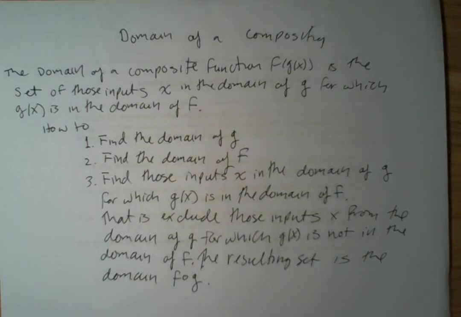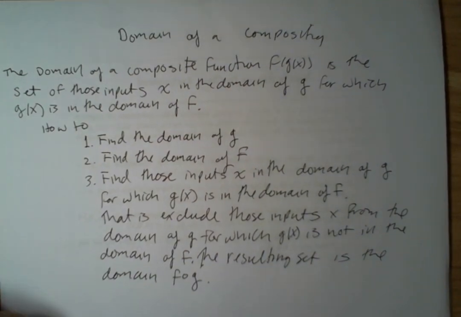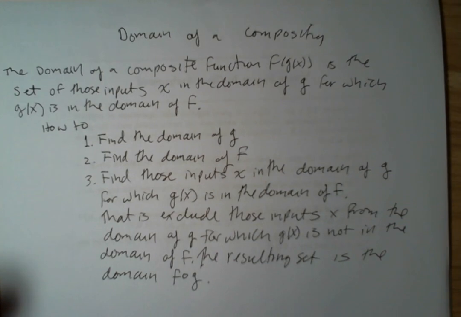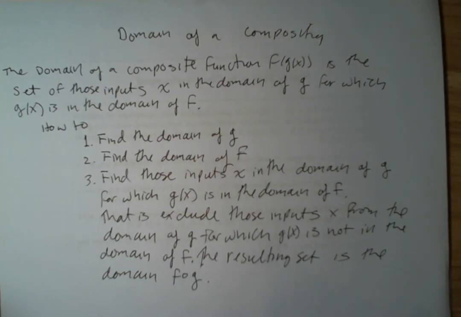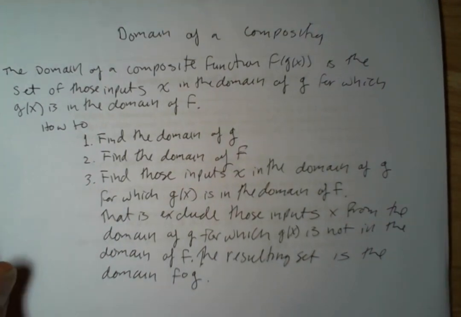So when we're looking for the domain, what we're looking for is the output of g of x that is not going to be part of the domain of f.